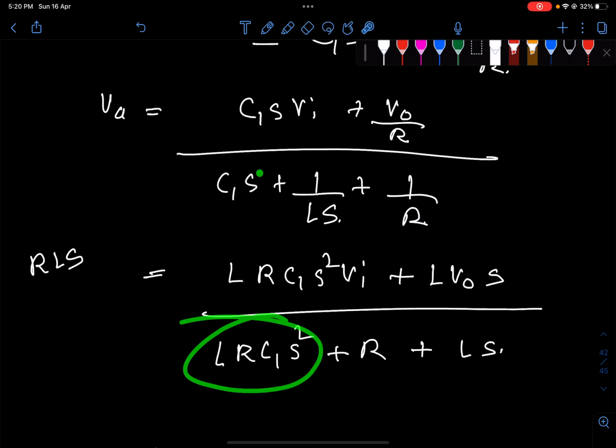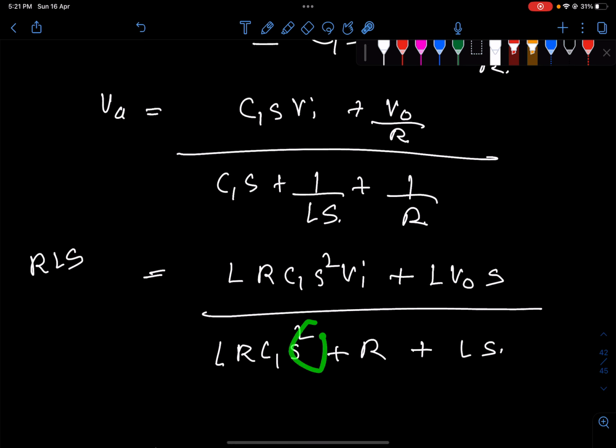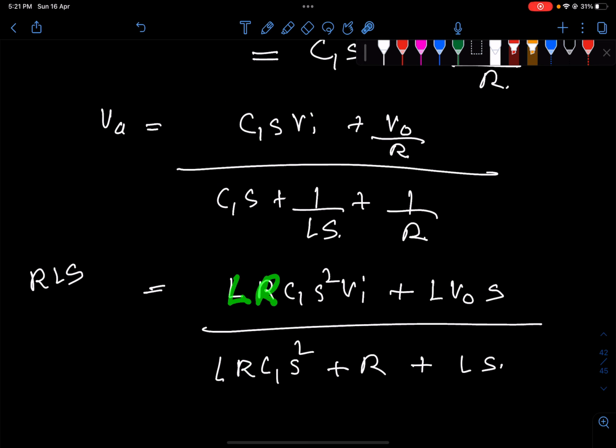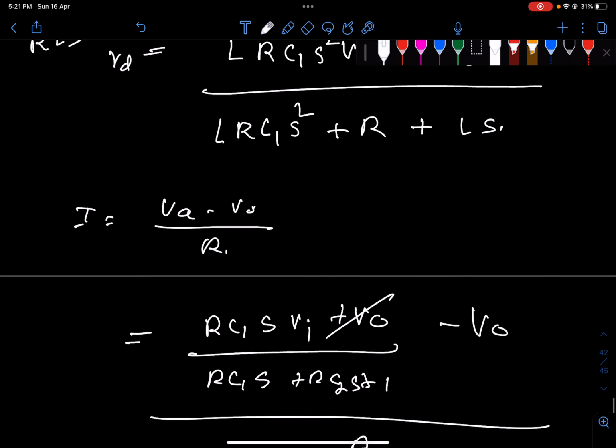Then C1 is there, we multiply with RLS, so S square, and L will be the starting, and with the C1 there will be R C1. Here L will be there, R will be there, C1 is already there, S square is there, VI is there, and plus V0 we have multiplied by LS, R is removed, so LS V0. That's our VA. And the current is nothing but VA minus V0. So that's the part where we have made mistakes again.